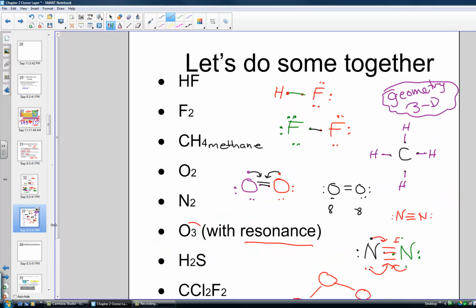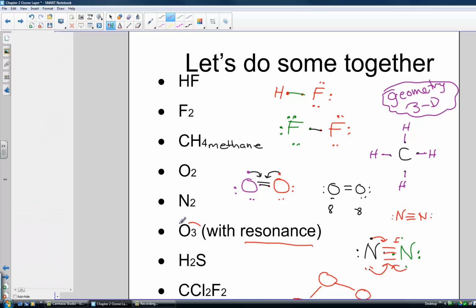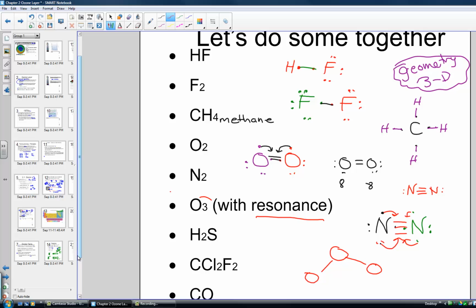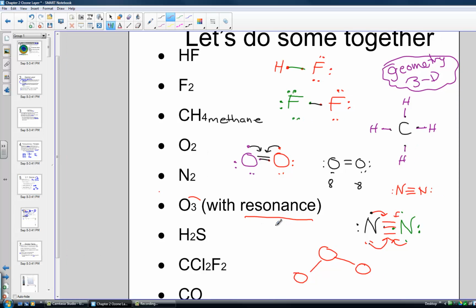Alrighty, so let's consider how many dots do we get to work with all together. If each of our oxygens has 6 electrons, but there's 3 of the oxygens, we get a total of 18 dots. We get 18 valence electrons.